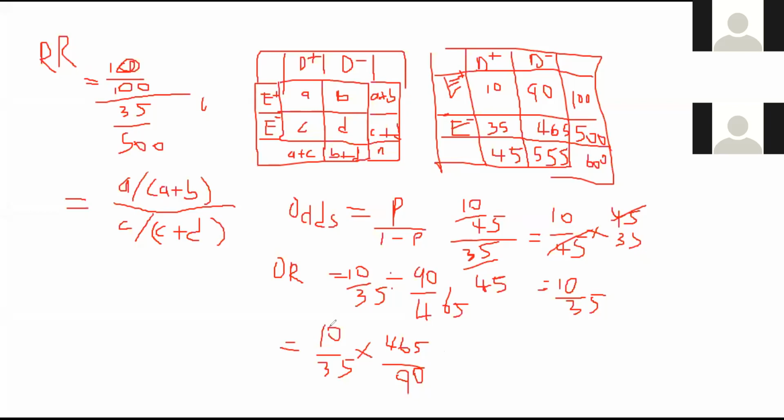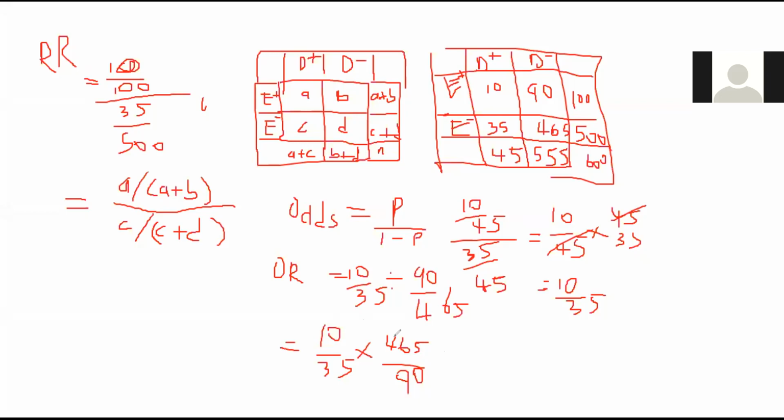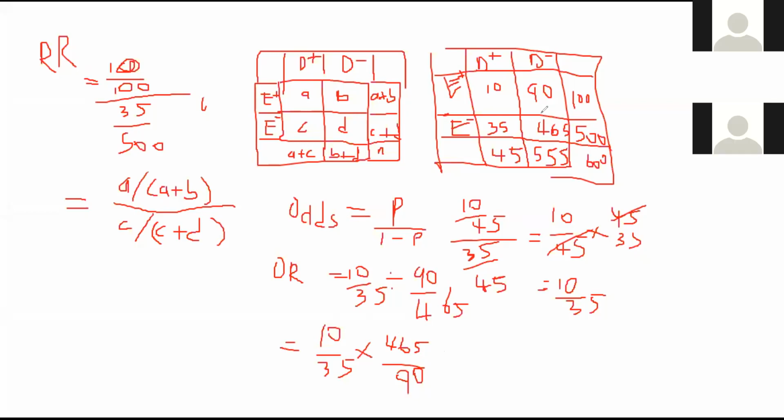Now, look at this. What is 10 here? 10 here is A. What is this 465? It is D. Can you see? What is 35 there? 35 is C. And 90 is B. And that is why you see the odds ratio is AD over BC.